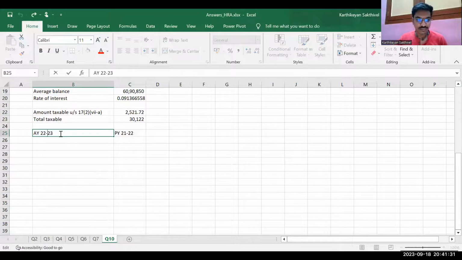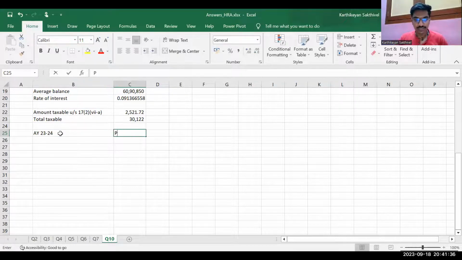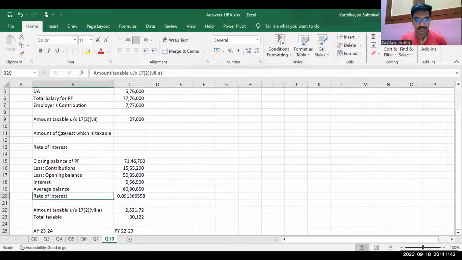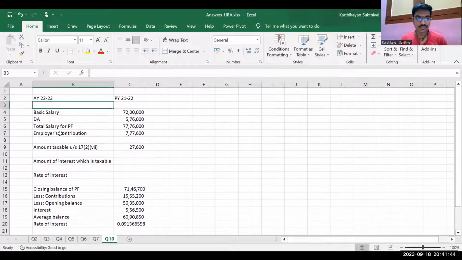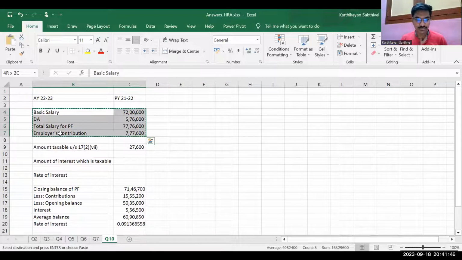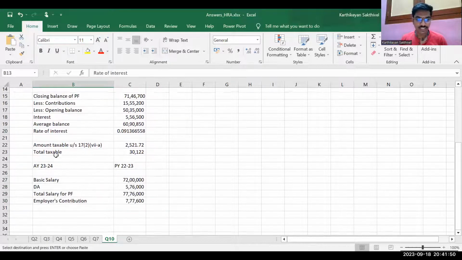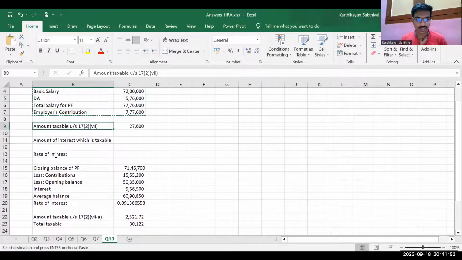So now we'll go for assessment year 23-24. It is nothing but previous year 22-23. So my salary structure is going to remain the same. Employees' contribution remains the same.